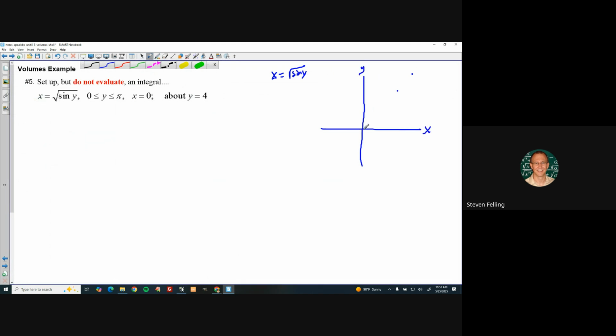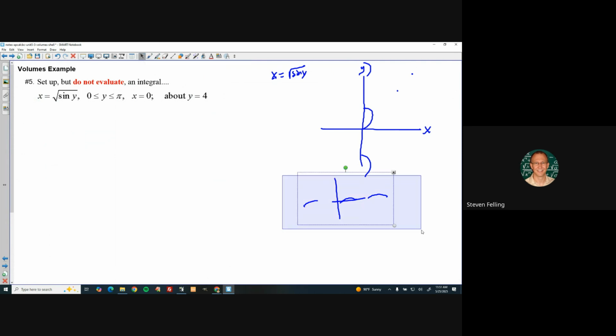See, that other graph looked like this, right? So this one is going to look like this. Okay, so here's a graph of what's going on. You can sketch it, and then it says only 0 to pi, so that means one copy of this.